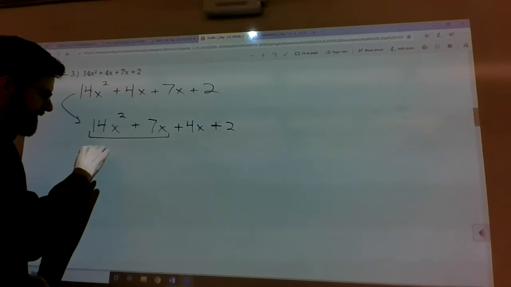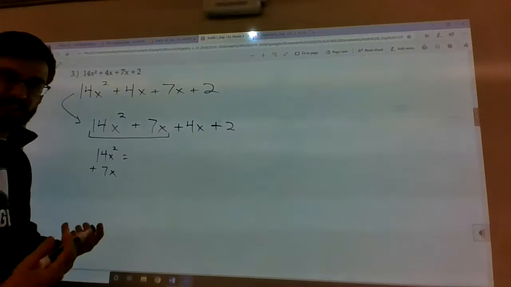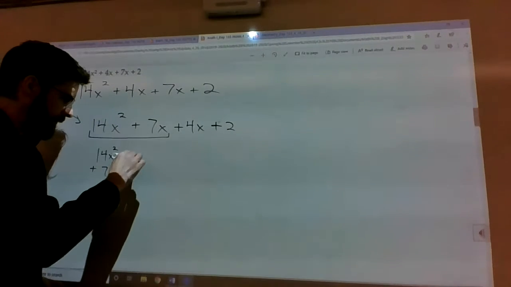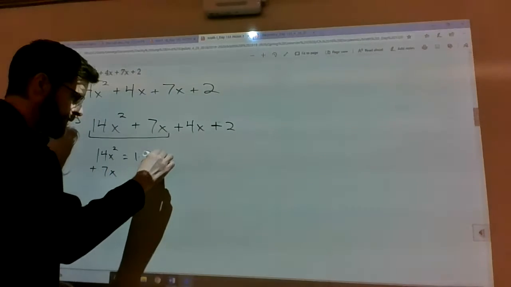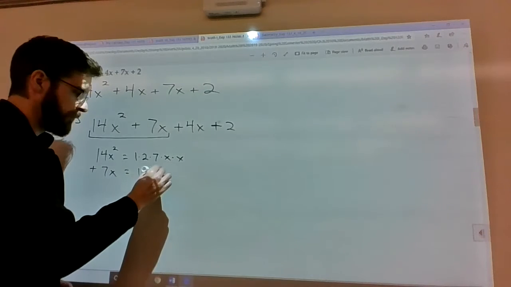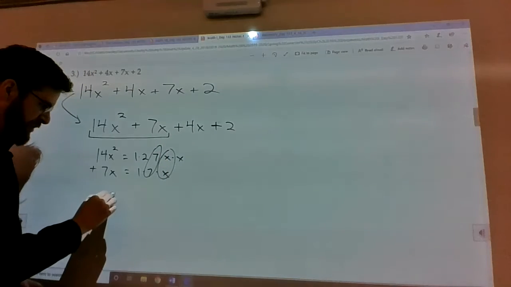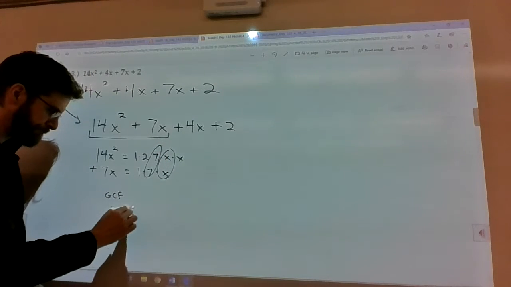Then if you do the prime factorization of 14x squared and a positive 7x, 14 is 2 times 7. 7x is 1 times 7. So they share an x, they share a 7. The GCF is 7x.